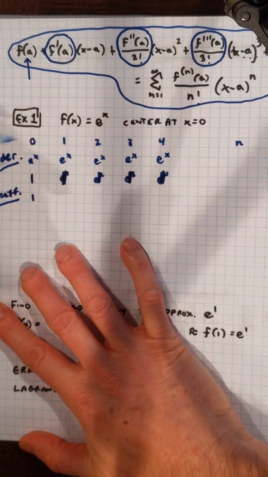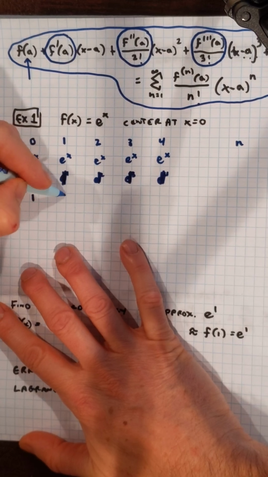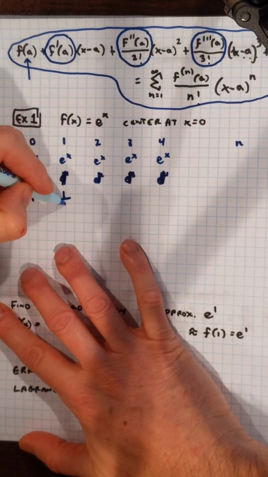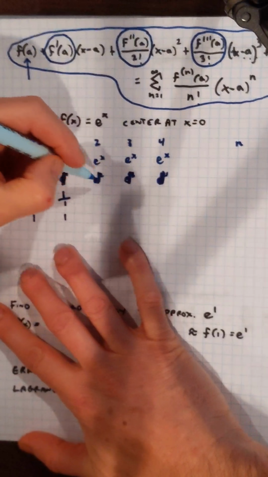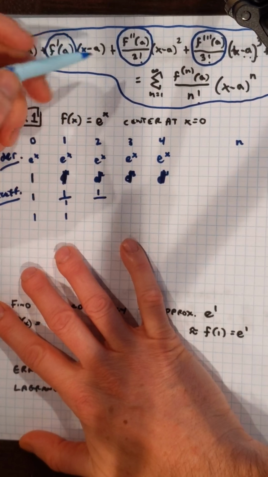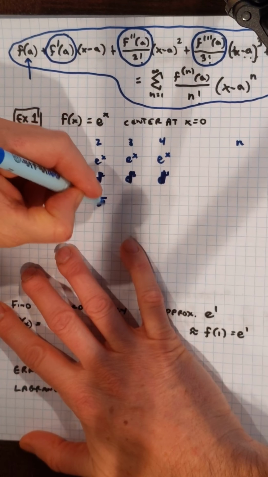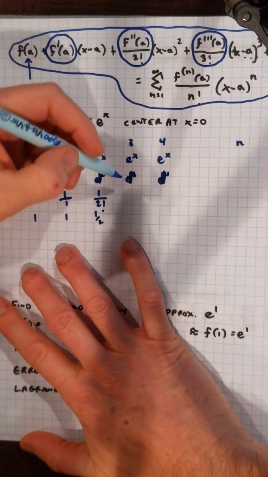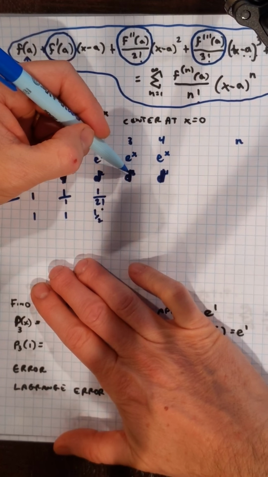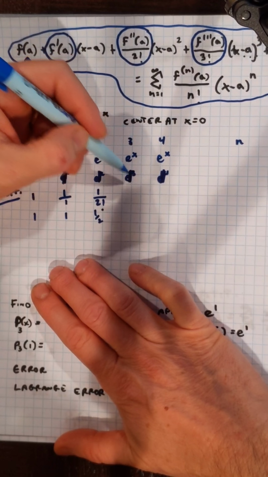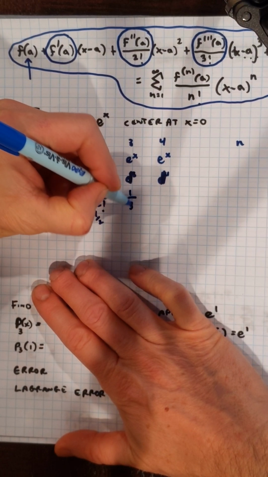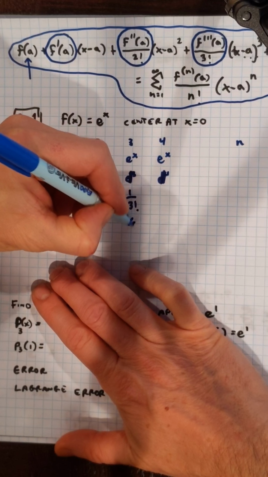Find your derivative, find the coefficient. So 1 divided by 1, or 1. Then I've got 1 divided by 2 factorial, which is 1/2. Then I've got 1, because I plugged in 0, which gave me the 1. 1 divided by 3 factorial, which is 1/6.